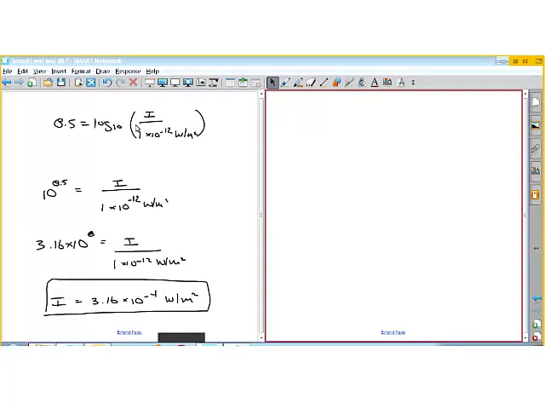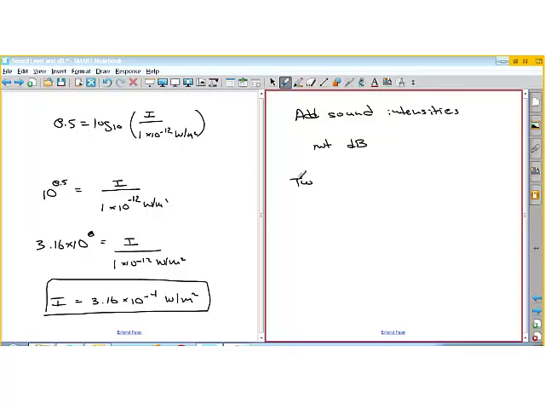The question is, if you have two sound sources, how do you add them together? So add sound intensity. Sound intensity is not decibels.